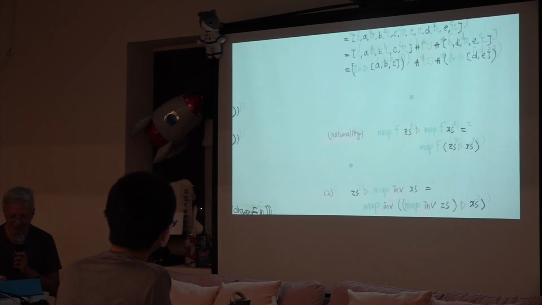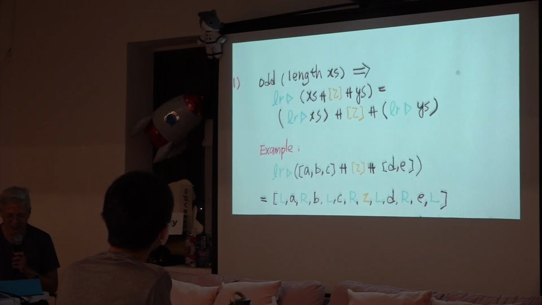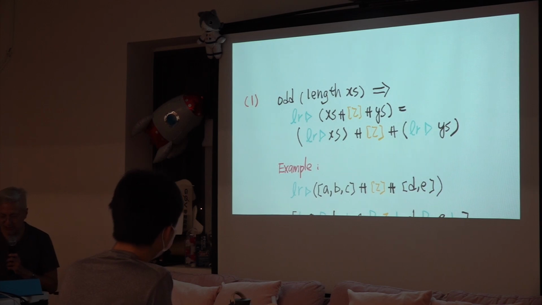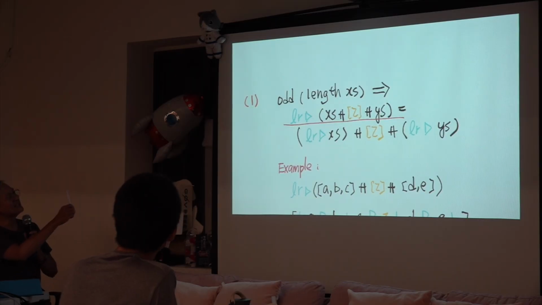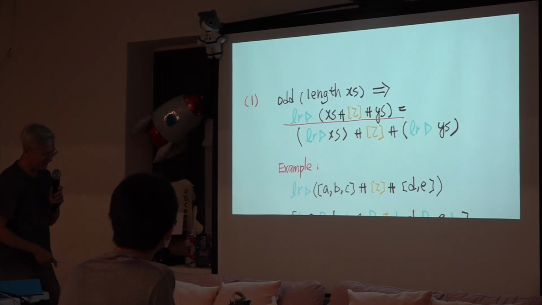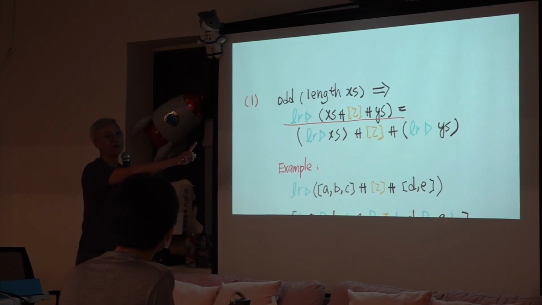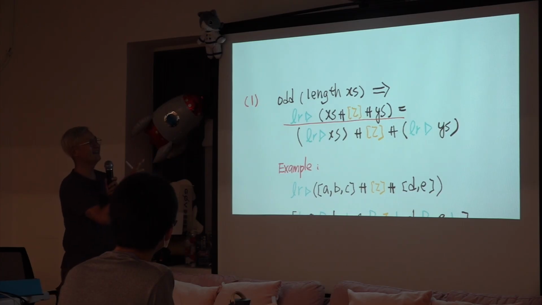It turns out the property I have is this one: LR interleave of xs append some z in the middle and ys equals the next one, where LR interleave is distributed next to xs and ys, still with the same z in the middle, provided that xs has an odd length.